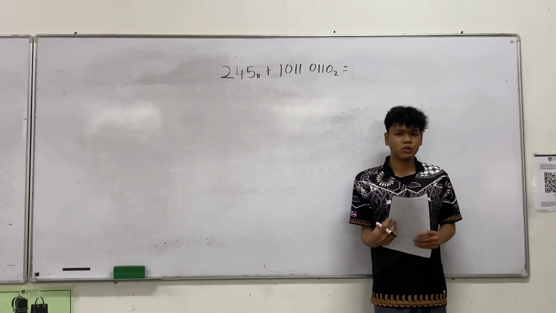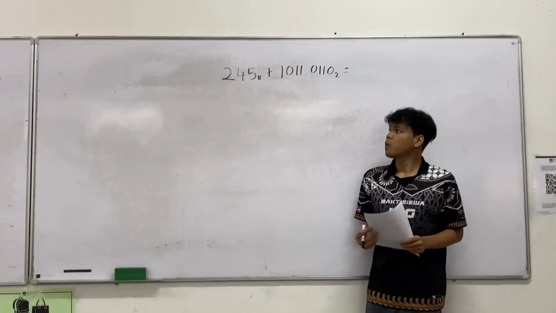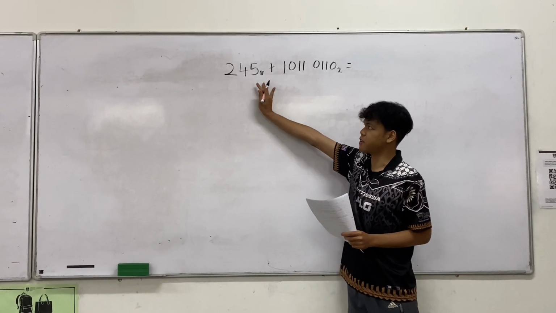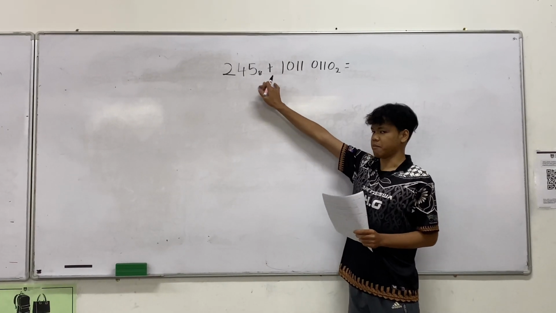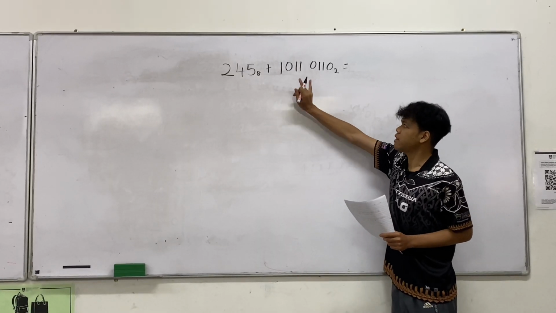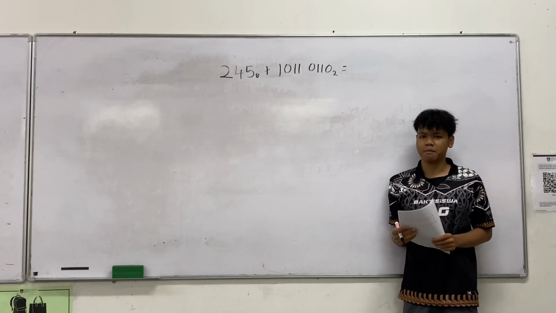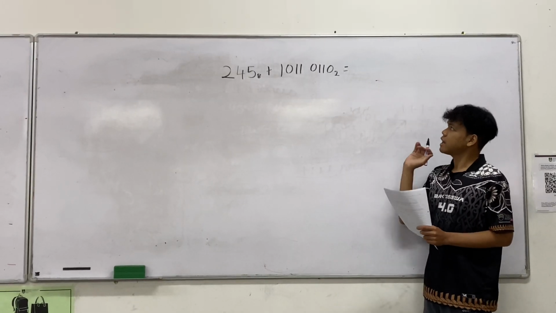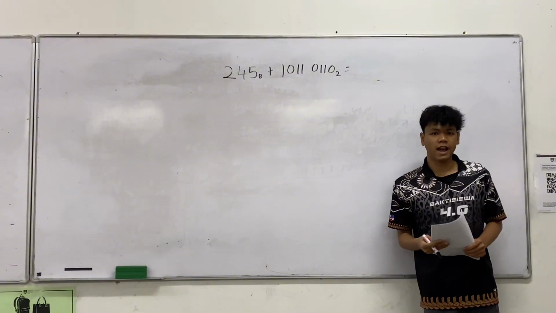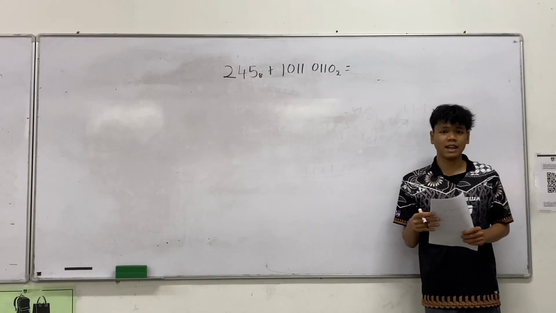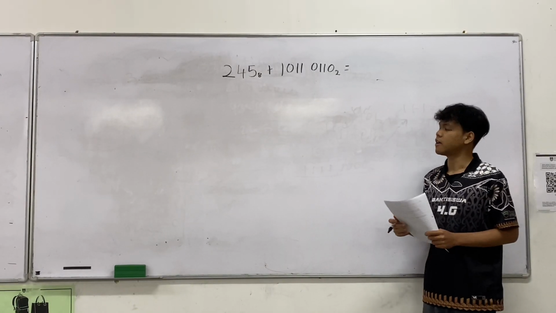So we are going to the next question, which is 245 in octal number plus 10110110 in binary number. This time we want to give the answer in an octal number. So let's start.